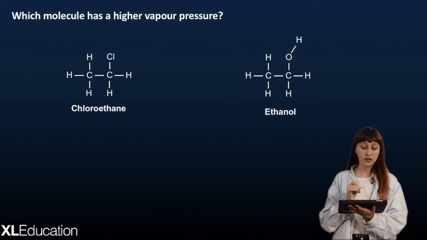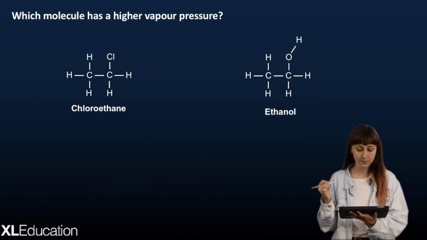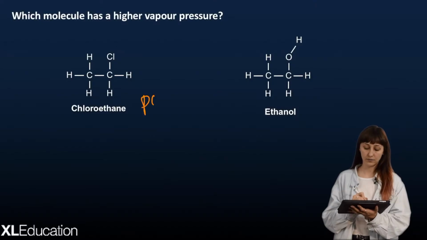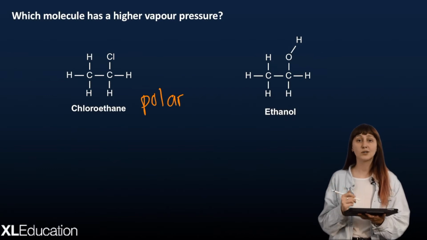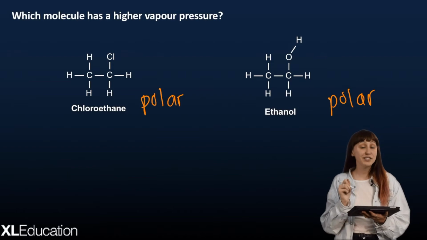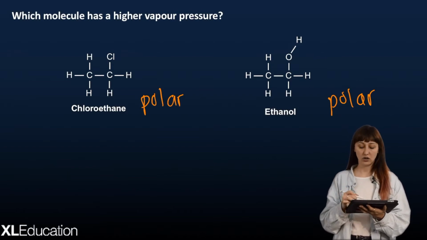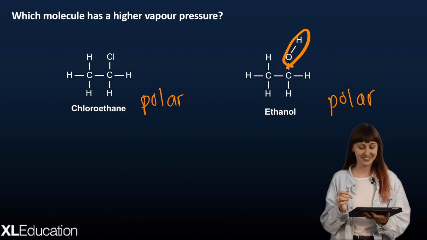So now let's look at these two. Which one is going to have a higher vapor pressure? We again have chloroethane and ethanol, both having 2 carbons. So we know from the previous example that chloroethane is polar. And then we should be able to see that ethanol is also polar. But the main difference between these two is that ethanol has this OH, so it can form hydrogen bonds.